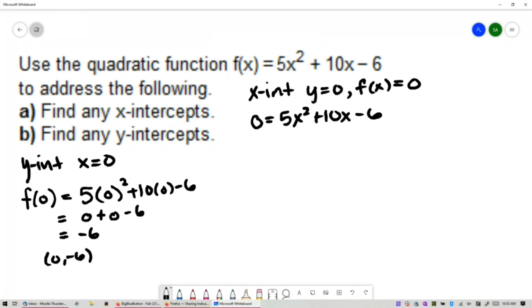Not every quadratic can be factored, and not every equation is written in a form where the square root method can work. But they're typically easier methods to use. The other 2 methods, completing the square and the quadratic formula, do work on every single quadratic, but they can be a little bit tedious.